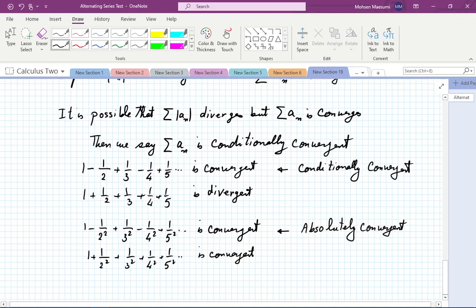Now, one of the most fascinating theorems in calculus is a rather weird property of series that are conditionally convergent. Conditionally convergent series have a very subtle behavior.